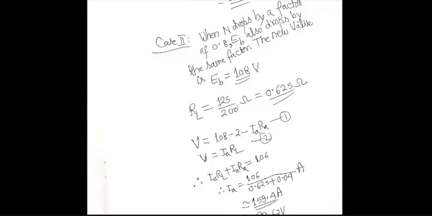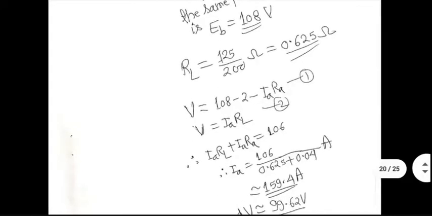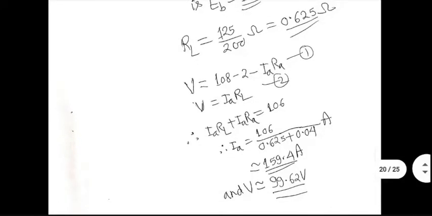Yeah, you use the equations here. Put the value of V from equation 2 in equation 1. A bit of mathematical manipulation is required. So from there, you should be able to calculate IA. That's what I've done. And once IA is known, V is quite easy to figure out.